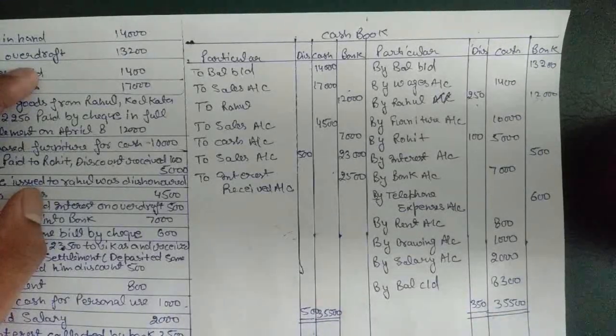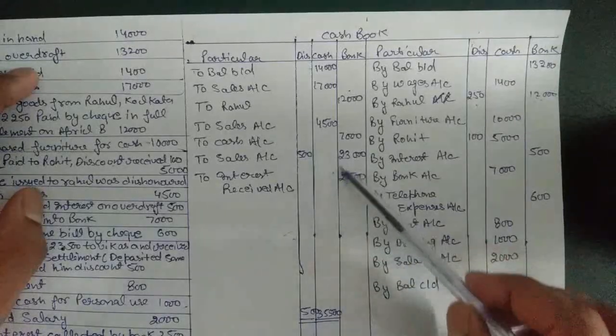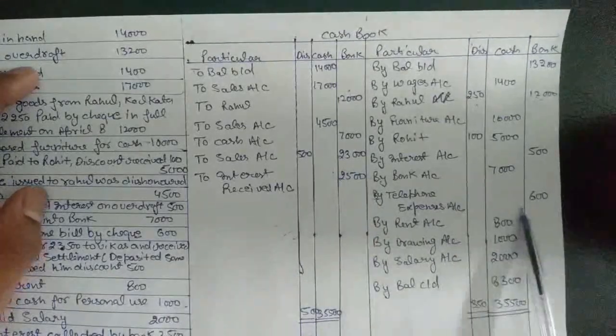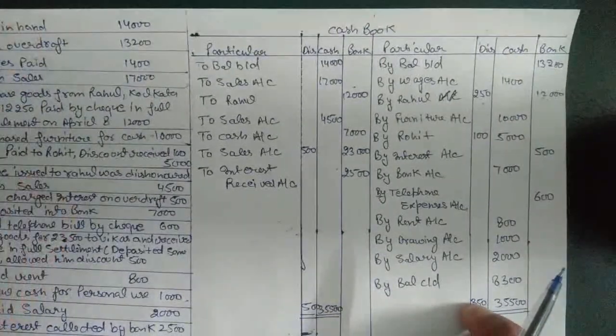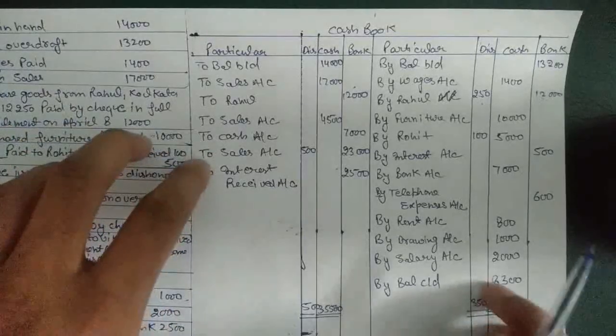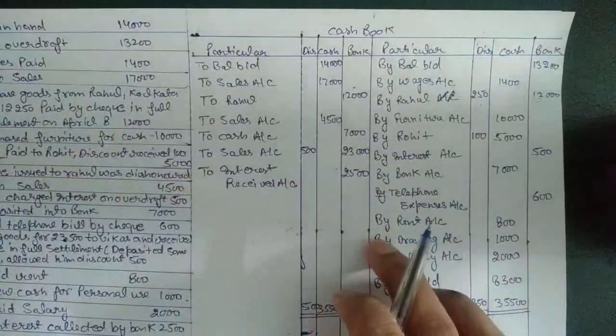Now we need to balance our bank account column. So first we need to check which side has the highest balance in case of bank account, because bank balance can be negative. So either the debit side may be higher, or the credit side may be higher.